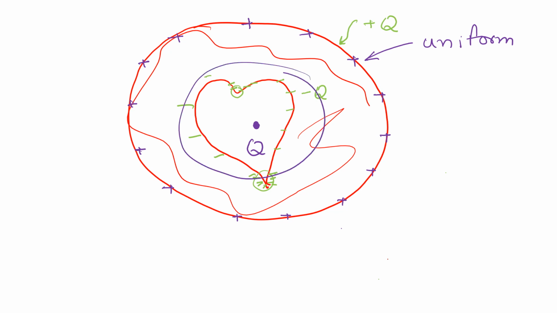Inside here, things can change around. I could have another cavity. Let's say this is a spherical shell with a cavity inside, but I place the charge Q asymmetrically inside.